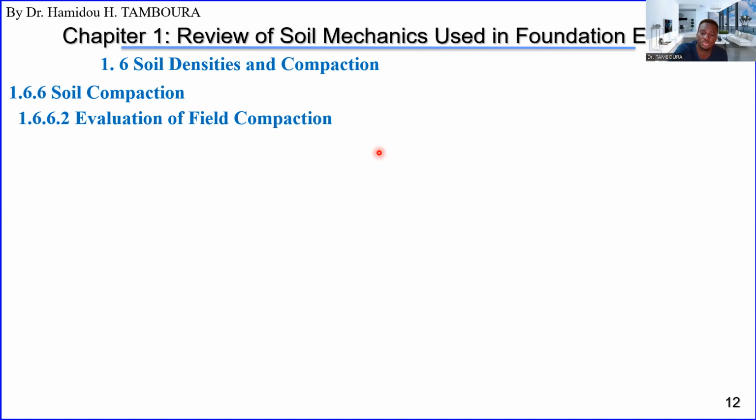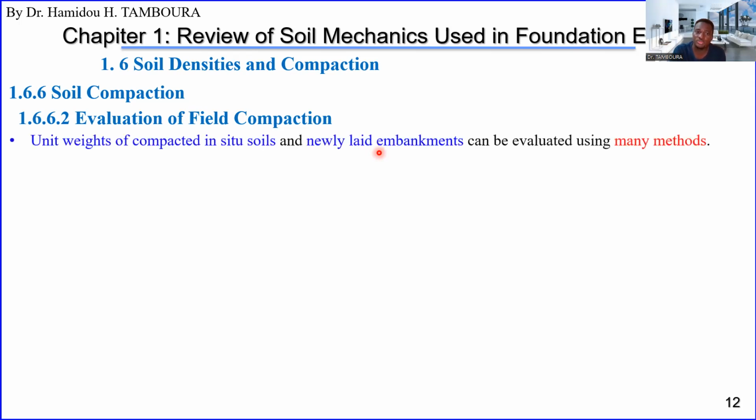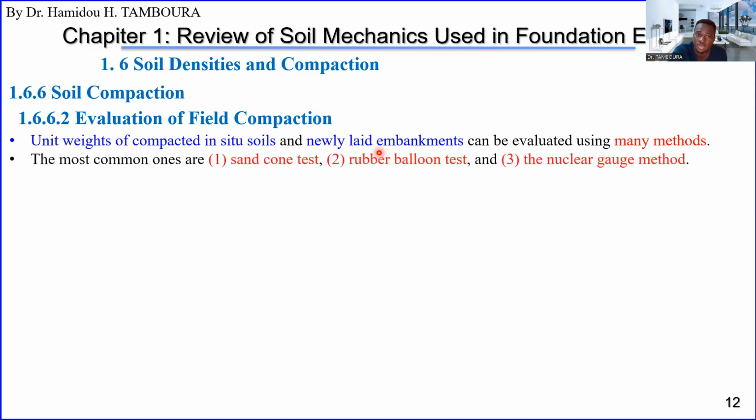Unit weight of compacted in situ soil and newly laid embankment can be evaluated using many methods. After completing the field compaction, you can check it using many methods. There are several methods. In this video, I will introduce three of them, and we will take one example using one of them.